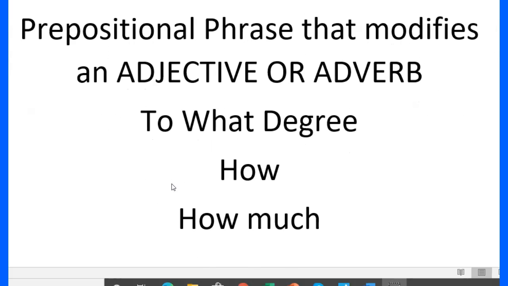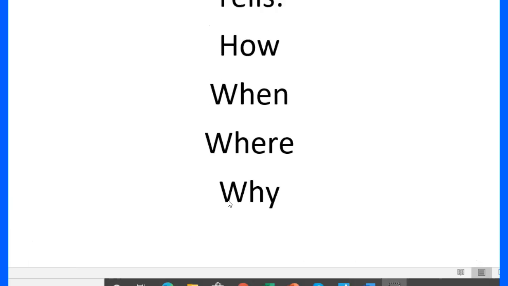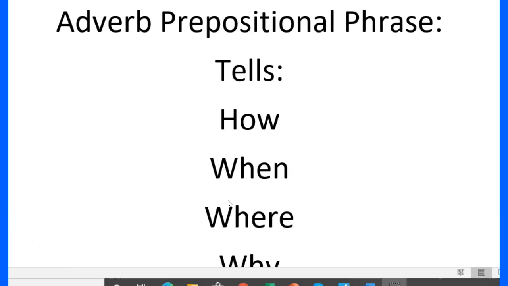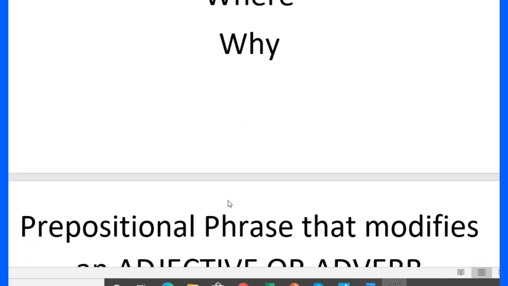Then the prepositional phrase that modifies either an adjective or an adverb, so this would apply for either one, is going to tell us to what degree, how, or how much. So if you want to print out these couple of slides here, you could do that.